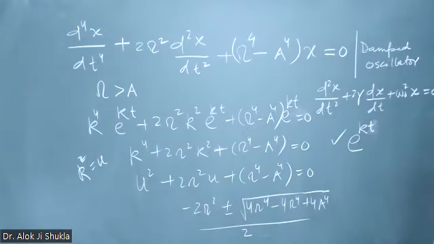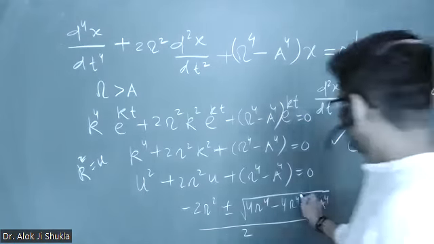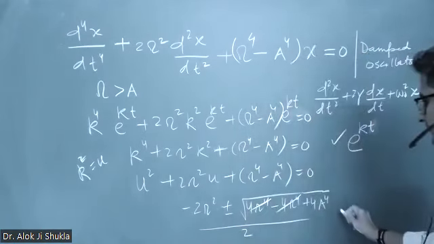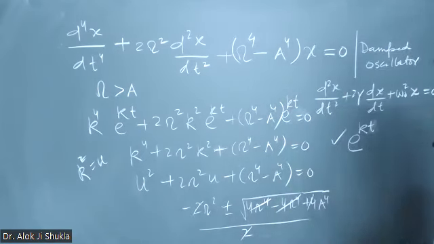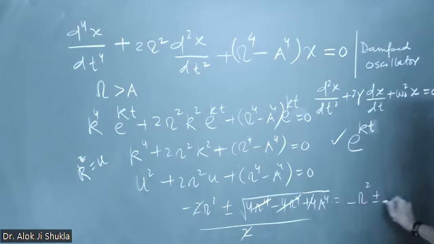Yes or no? So this will cancel. Calculation is okay. This will also cancel. So it will become minus omega square plus minus a square.